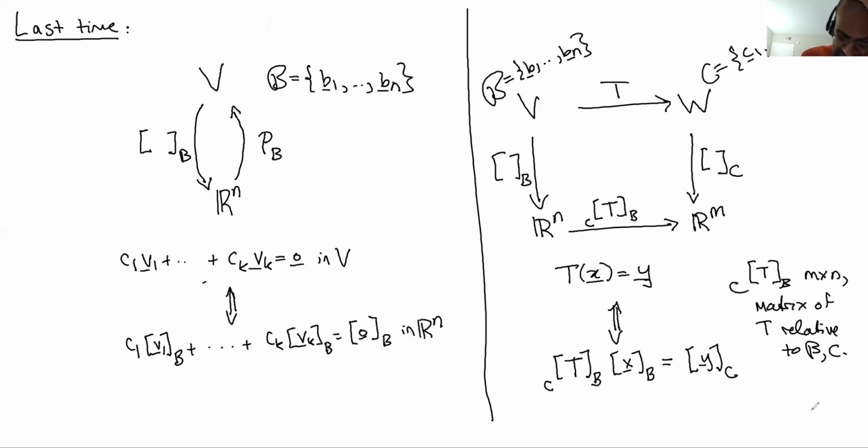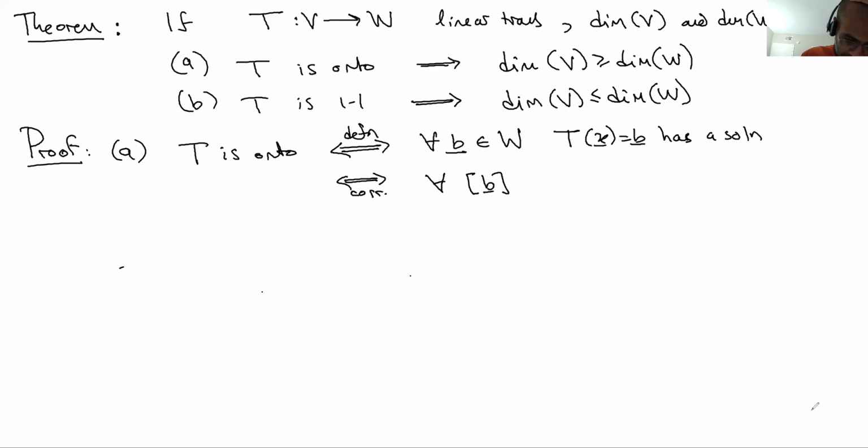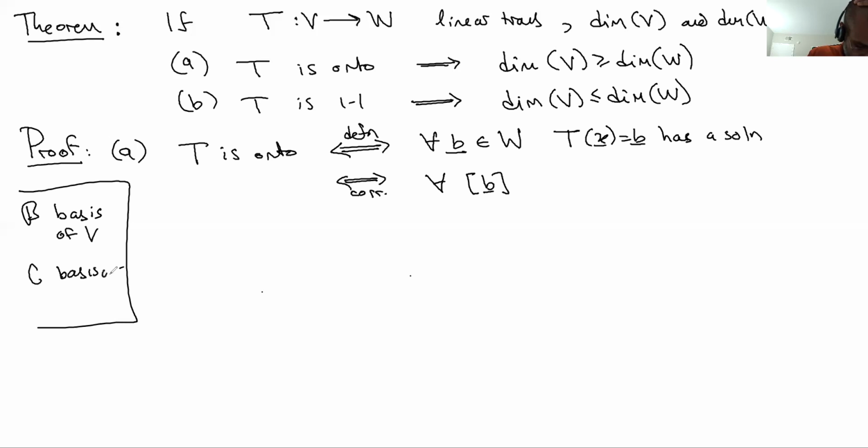So there are these bases B and C sitting in the background. Let B be a basis of V and C a basis of W. And let's suppose this B has n elements, and this C has m elements.